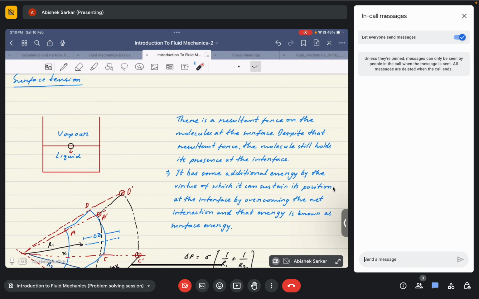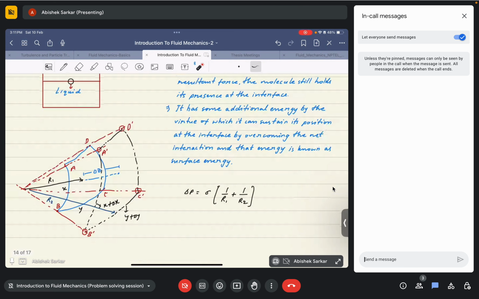Since the cohesive forces between the water molecules and this particular molecule are greater than the forces between the air molecules and this water molecule, there will be a net resultant force in the downward direction. But still we see that these molecules maintain their integrity, and this maintenance of integrity is by virtue of the surface energy, and this force that exists to maintain its integrity is known as the surface tension.